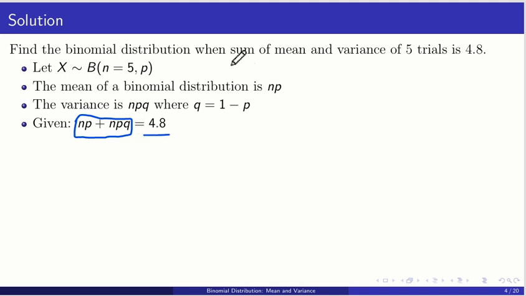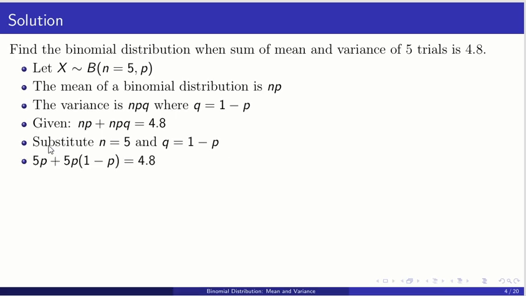That means the sum of mean and variance of 5 trials is 4.8. Now N is 5, so if we substitute, we get 5p plus 5pq, and Q is 1 minus p, so we get this equation, and this would be a quadratic equation in P.